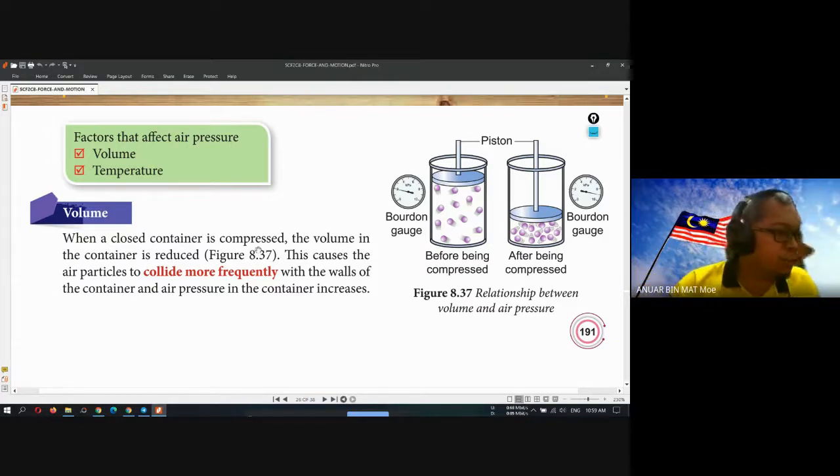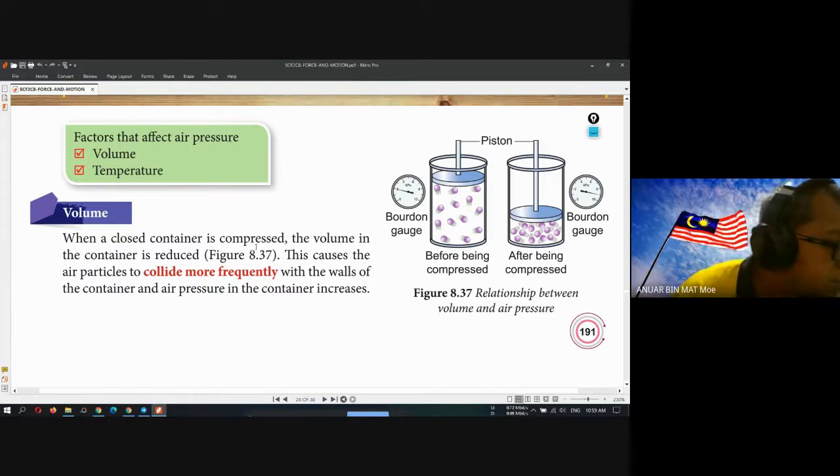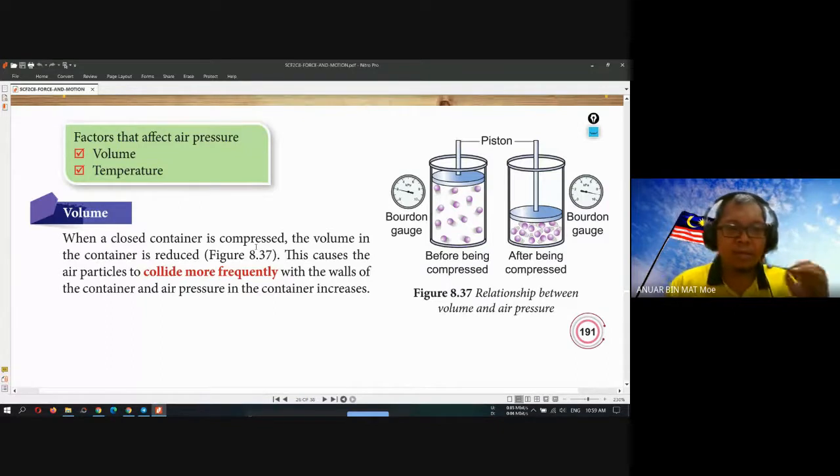Let me try to open the... Okay, never mind. I will try to share the answer later.